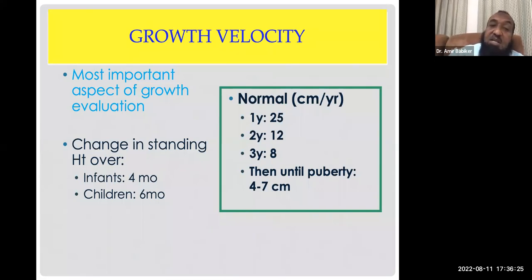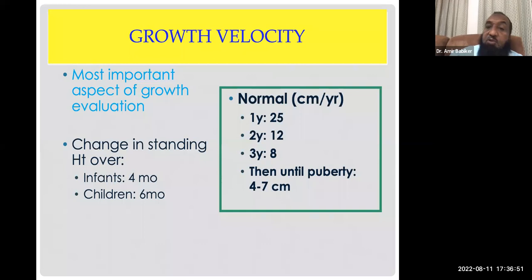Another very important point, I will not cover every point mentioned in the slides because there is a lot of information. A change in the standing height is called height, but if you measure someone lying down this is called the length. This is typically done for children up to 2 years of age or children who have disability, and they are measured by infantometer. For the standing height we have a stadiometer.